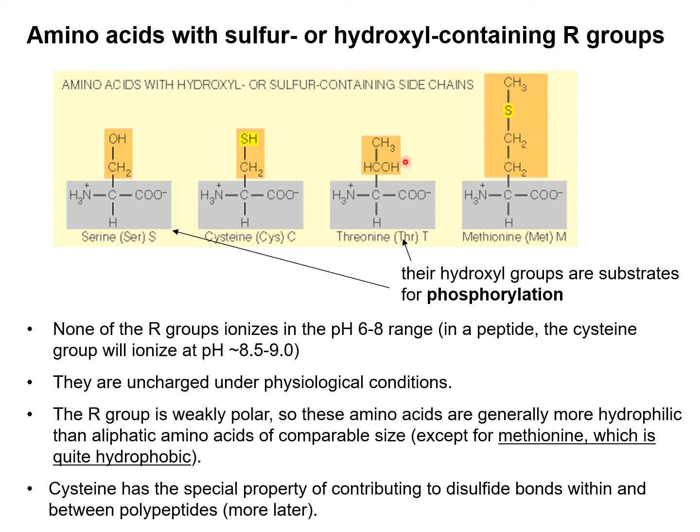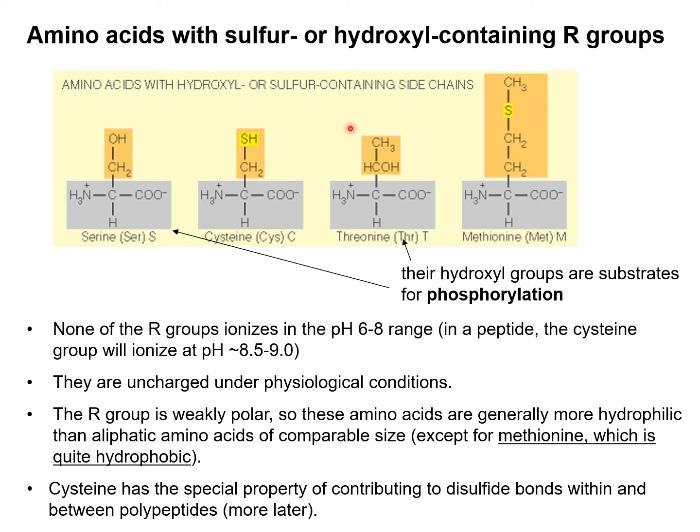But none of these R groups are ionized in the pH 6 to 8 range, which is a physiological range. But in the peptide, the cysteine group will ionize at pH around 8.5 to 9.0, a little bit basic condition. Therefore, they are uncharged under physiological conditions. Again, they're not ionized, so they're not charged.